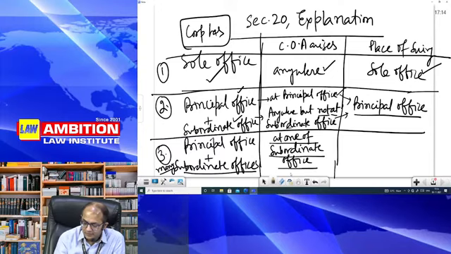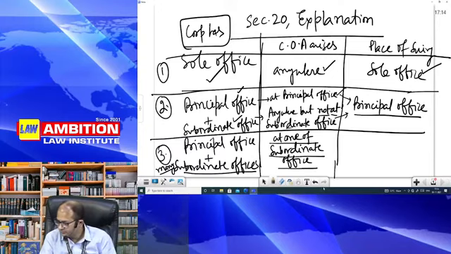In that situation, where will the place of suing be? It says at that subordinate office, not at other subordinate offices. This is very clear: at that subordinate office where cause of action arises. So these are the three things which are required to be kept in mind.